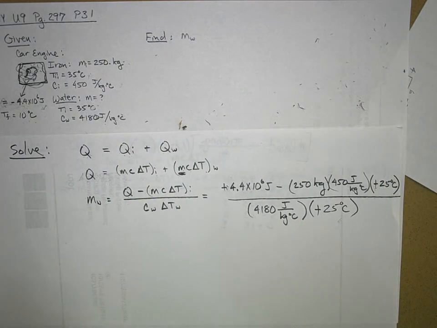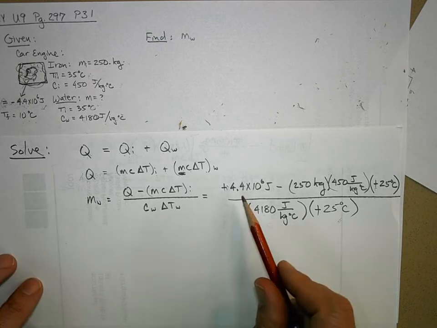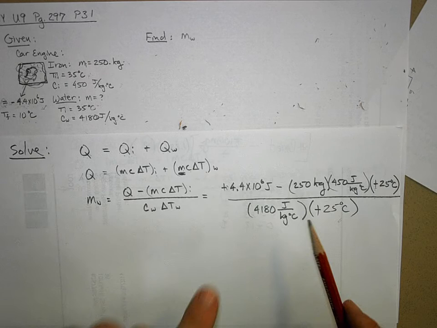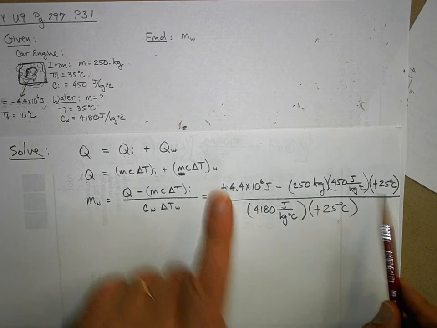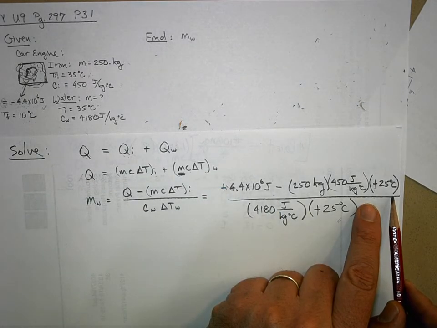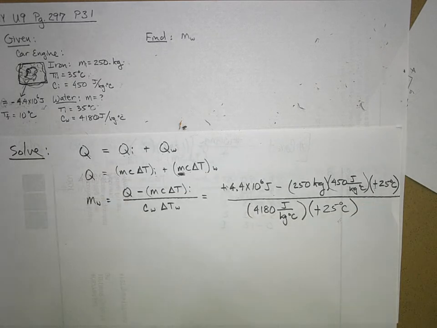Now, those of you who got 5 out of 5 on this, and almost all of you did, called this positive, and you called your delta T 25 instead of negative 25. And you got the right answer. So I'm going to say, okay, you basically knew what you were doing. You showed your work.